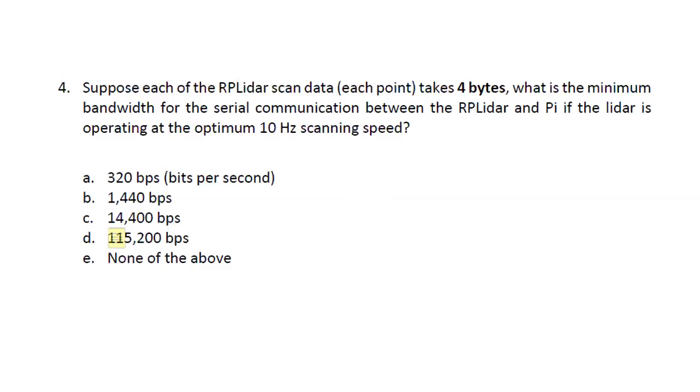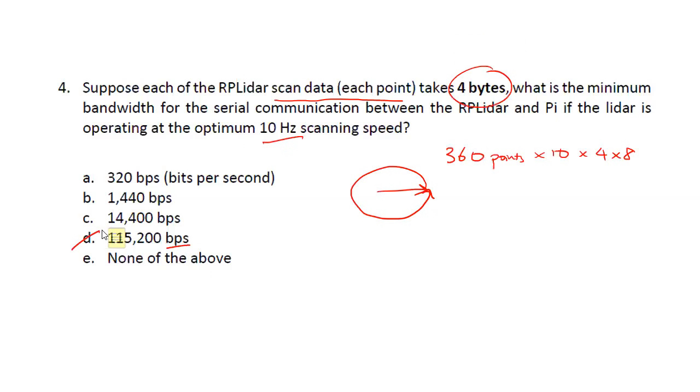But the communication is in BPS, which is bits per second, so I need to multiply by 8 to know the actual number of bits. If I multiply all of this together, I get the answer, which is 115200 bits per second. So that is how you get the answer here.